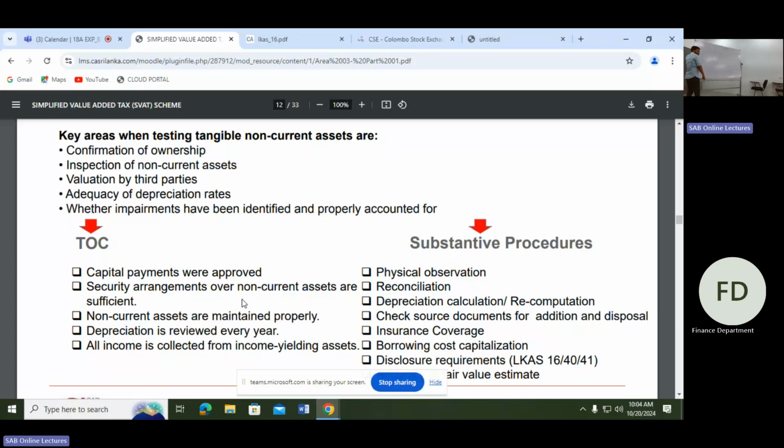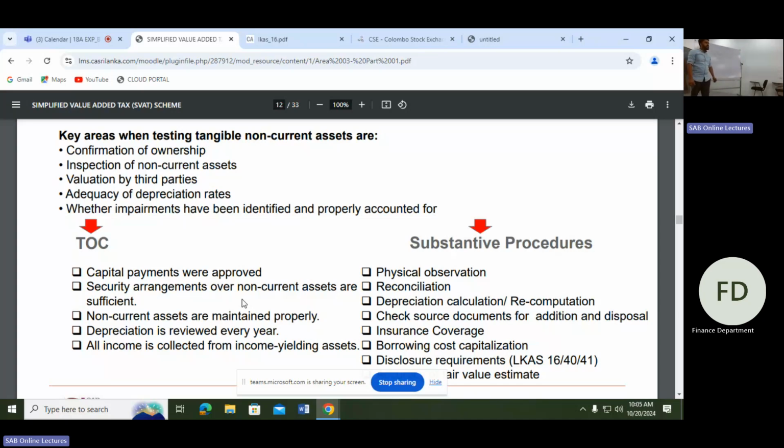PPE, property plant and equipment, IAS 41 agriculture biological assets, deferred tax and financial instruments will be added. Yes, IAS 16, property plant and equipment, clearly says if you are using a complex asset, it should use component depreciation.